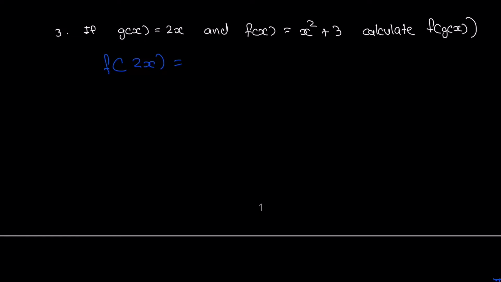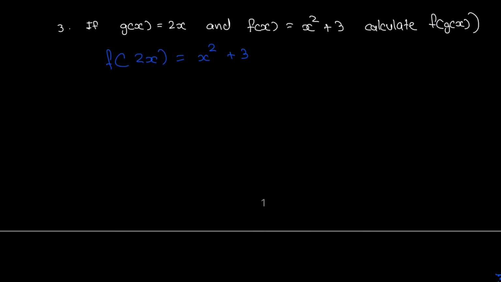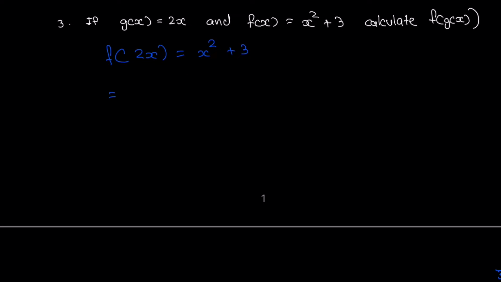We equate it to the original f of x function, x squared plus 3. Now we substitute this value into the x term. Then we get 2x squared plus 3, which is 4x squared plus 3. And that's your answer right there.